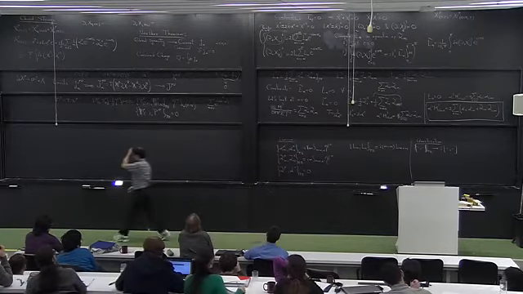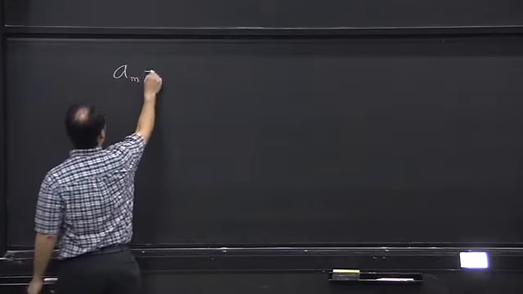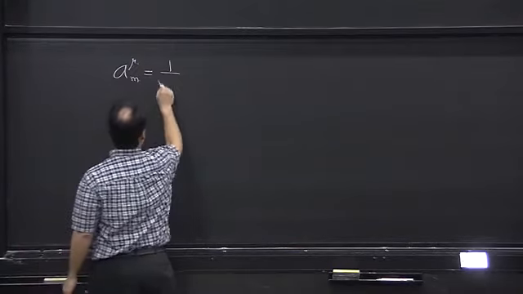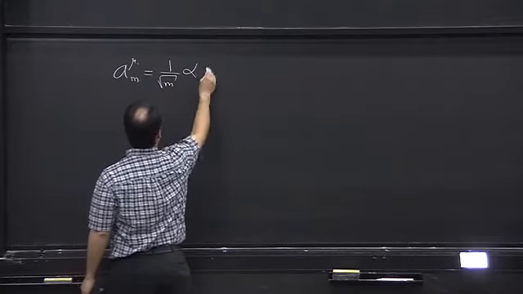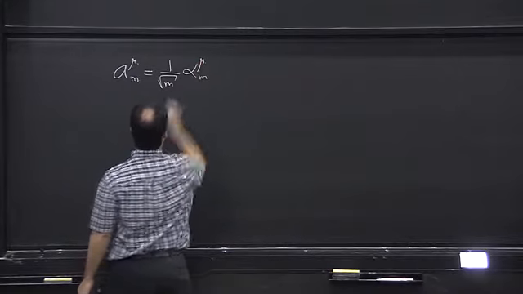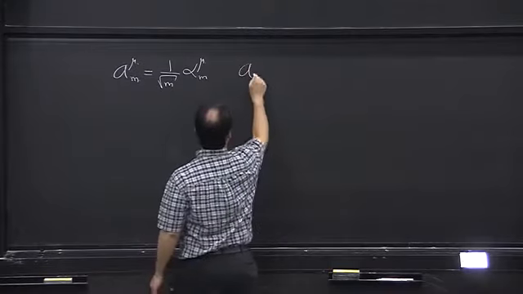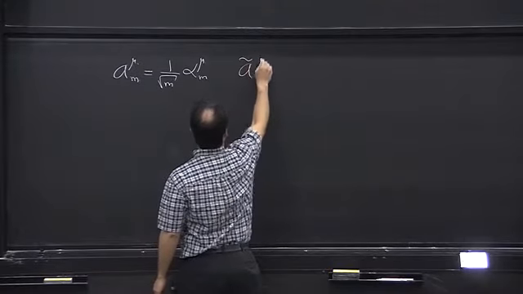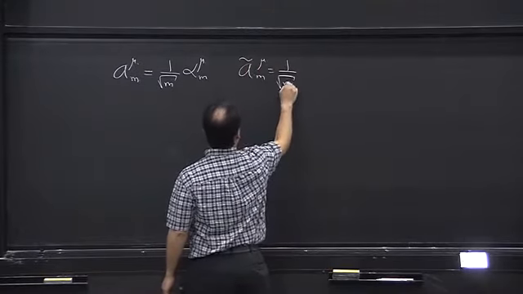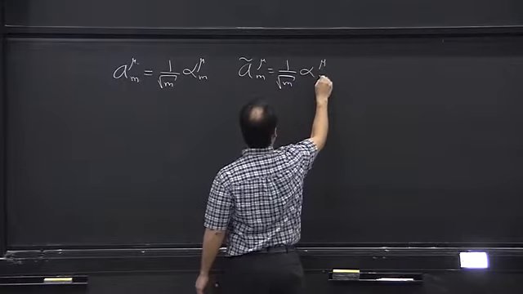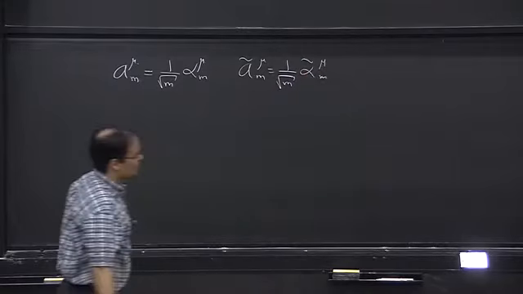So if we just define, say, this operator a to be 1 over the square root of m times alpha m mu, and likewise a tilde, so now these are operators.